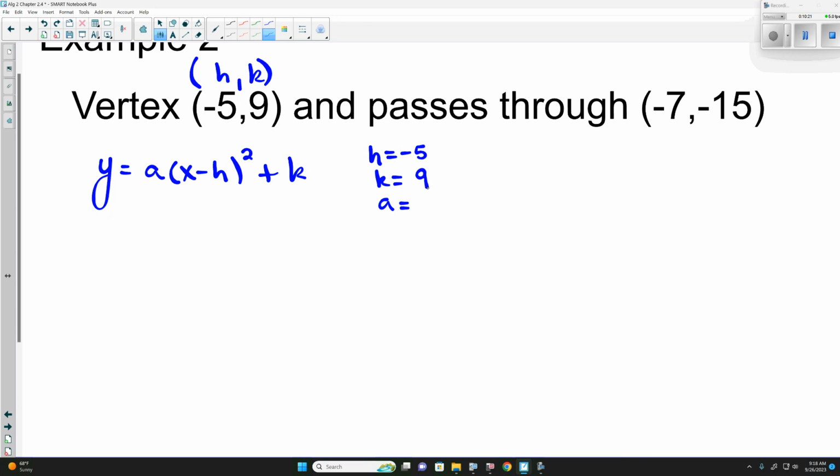The k value is 9. So we have y equals a times x minus -5 squared plus 9. I'm just replacing h and k with their given values. Now, exactly our minus -5, well, that negative makes a positive, makes a plus.